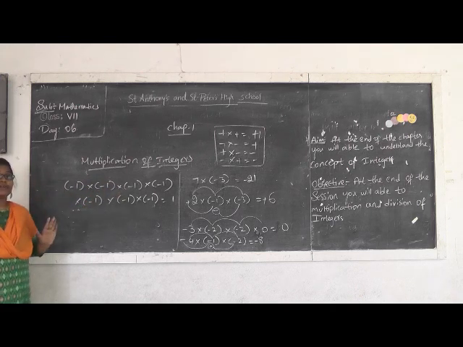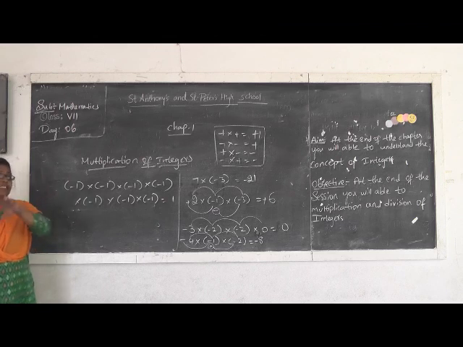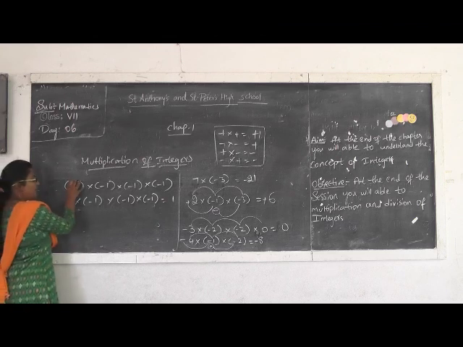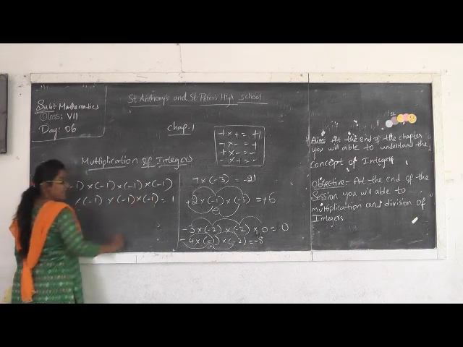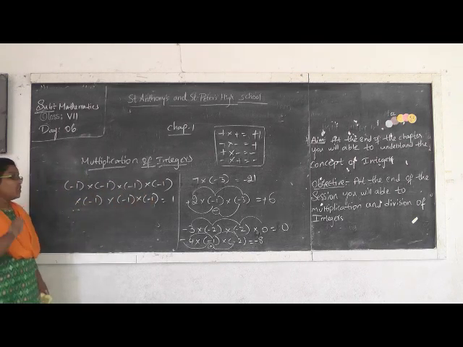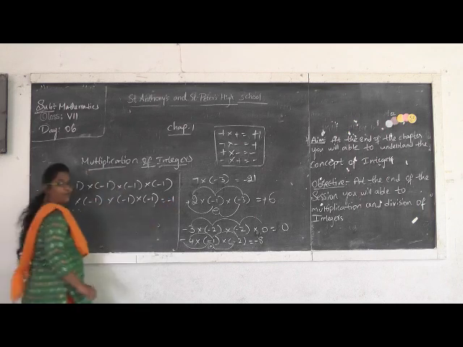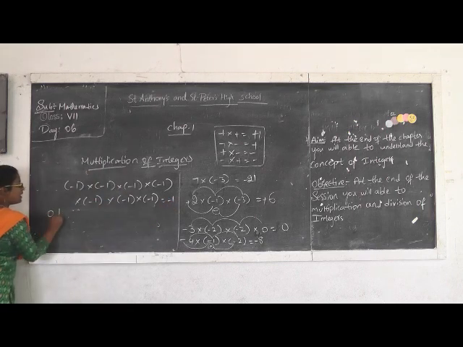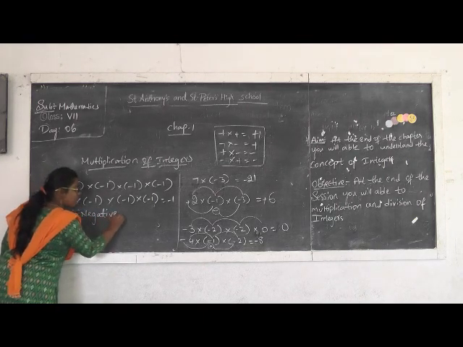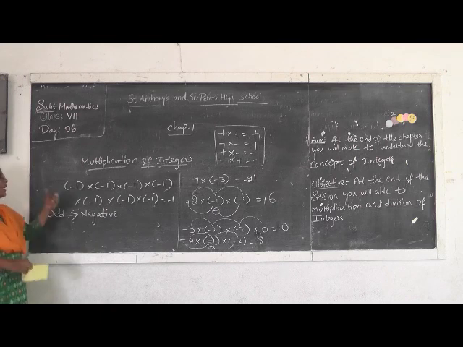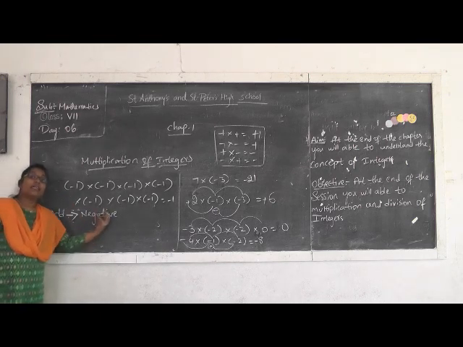Now, what we have to do? Count how many times we are multiplying this negative integer. 1, 2, 3, 4, 5, 6, 7. 7 is an odd number, so the result is negative. If we are multiplying an odd number of times, then the result is negative. We have to remember this point. When we are multiplying a negative integer an odd number of times, then the result is negative.